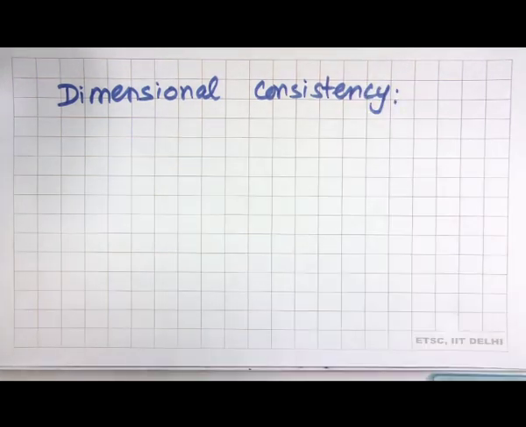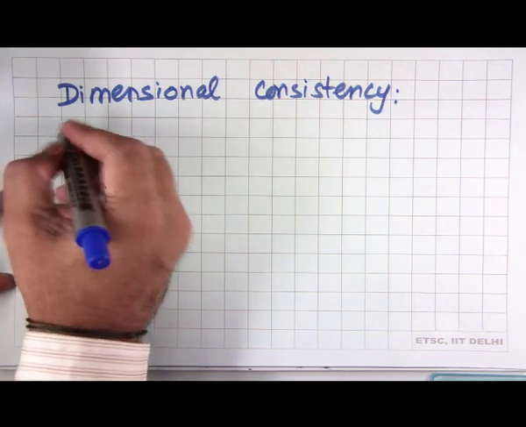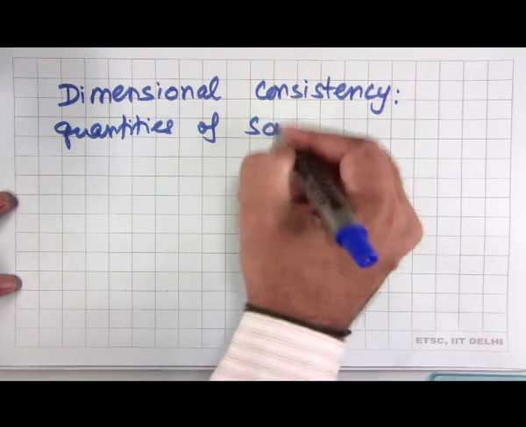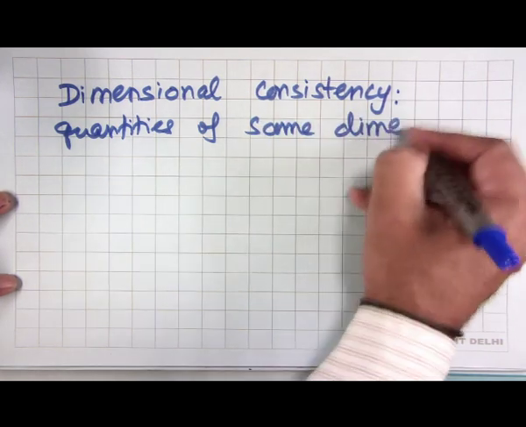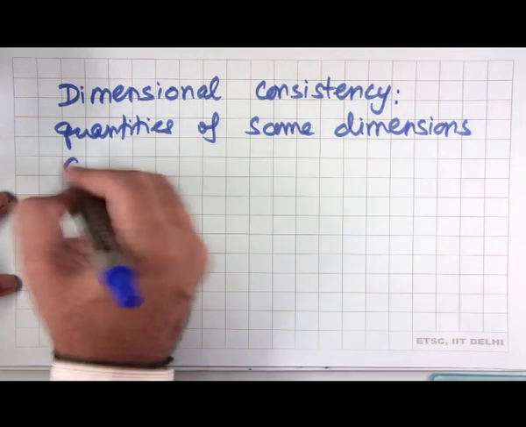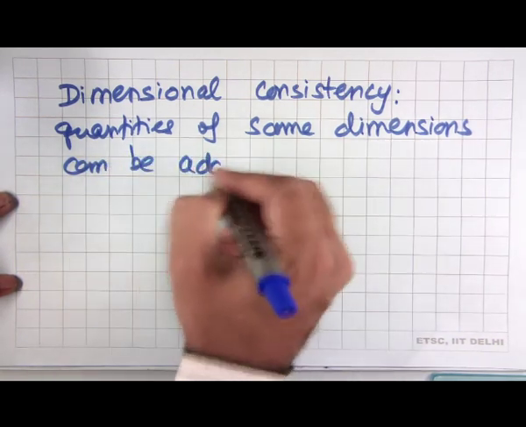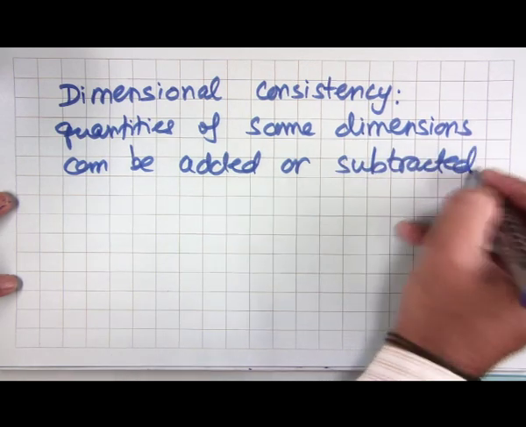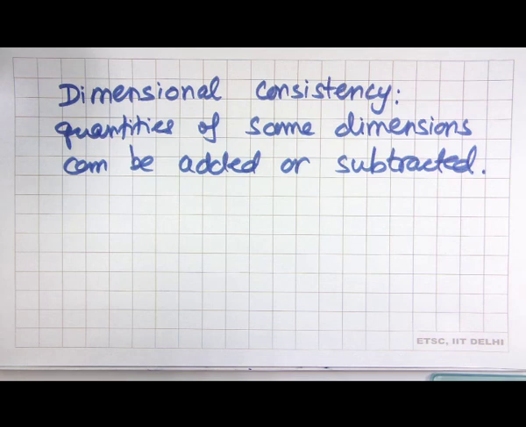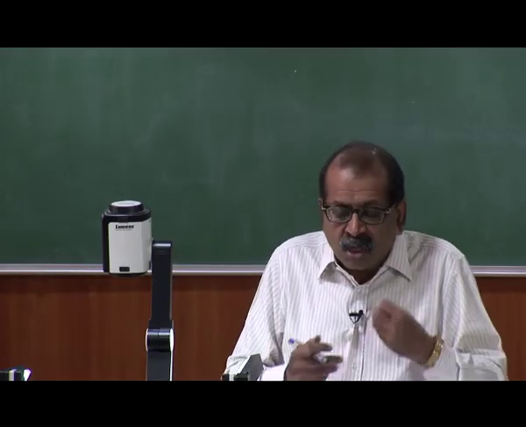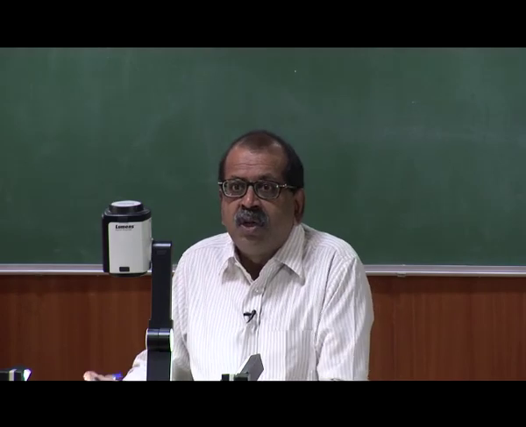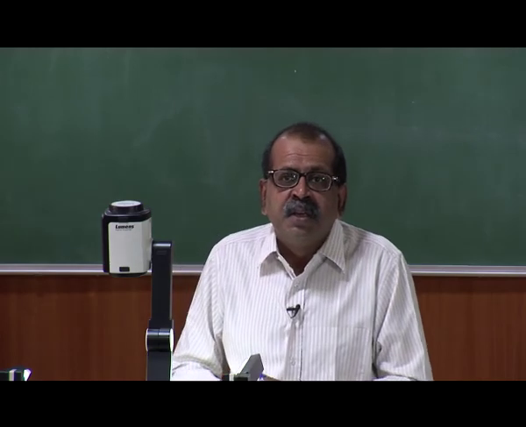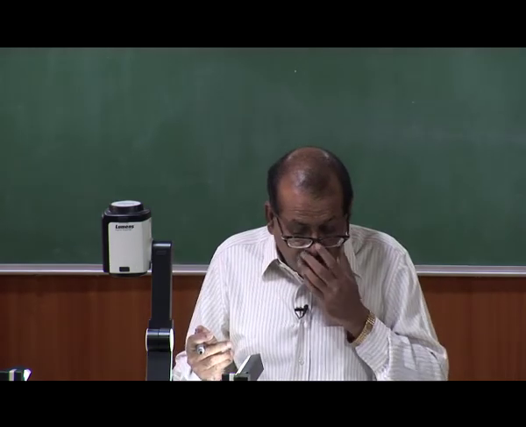And the meaning of dimensional consistency is that quantities of the same dimensions can be added or subtracted, which means if two quantities are added or subtracted, or I say A is equal to B, then quantity A must have the same dimension as quantity B, and this principle has to be followed.